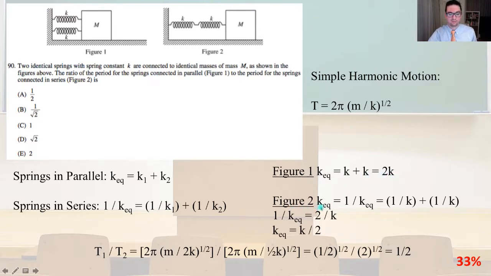For figure 2, 1 over k equivalent equals 1 over k plus 1 over k, so 1 over k equivalent is going to equal 2 over k, where k equivalent equals k over 2. So then we can plug in these numbers to our simple harmonic motion. So T1 over T2, and that is going to equal 1/2, and that is answer A.